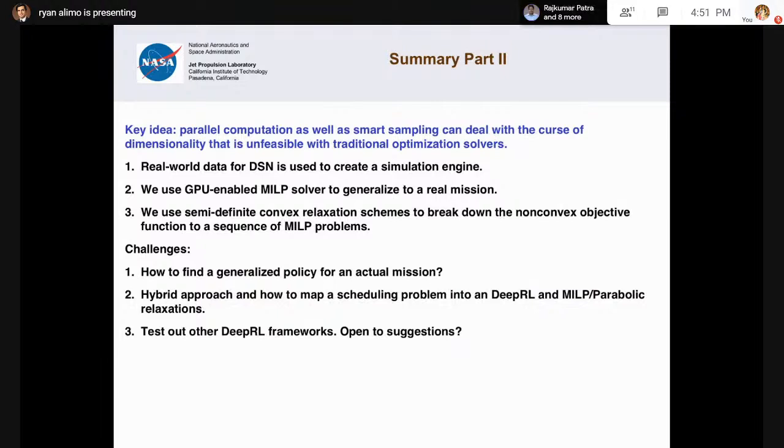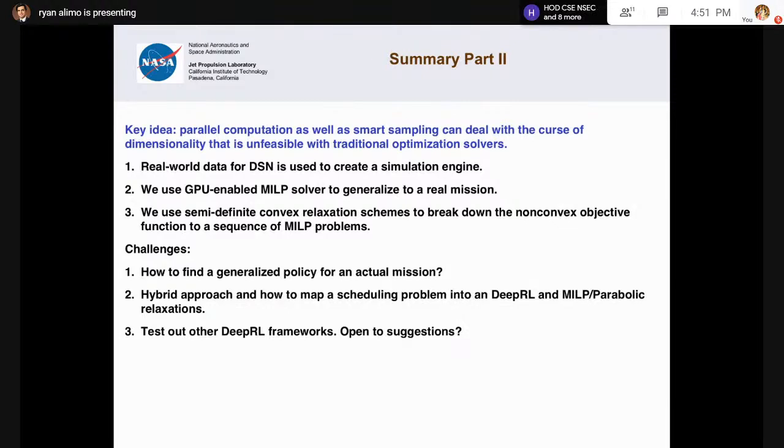So we need to create customized solvers for the problem at hand, and in order to use deep learning, we need simulator engines, like an environment, to solve the problems efficiently and generate the training set. So we can use advanced optimization algorithms and non-convex optimization algorithms, such as semi-definite programming and convex relaxation, conic relaxation, and parabolic relaxation, to tackle these large optimization problems.